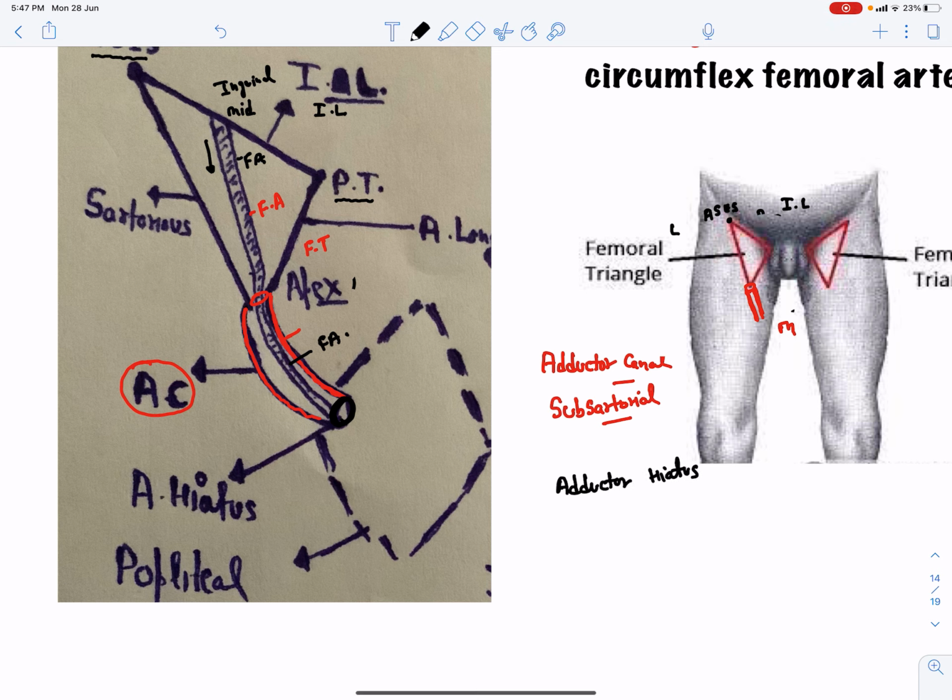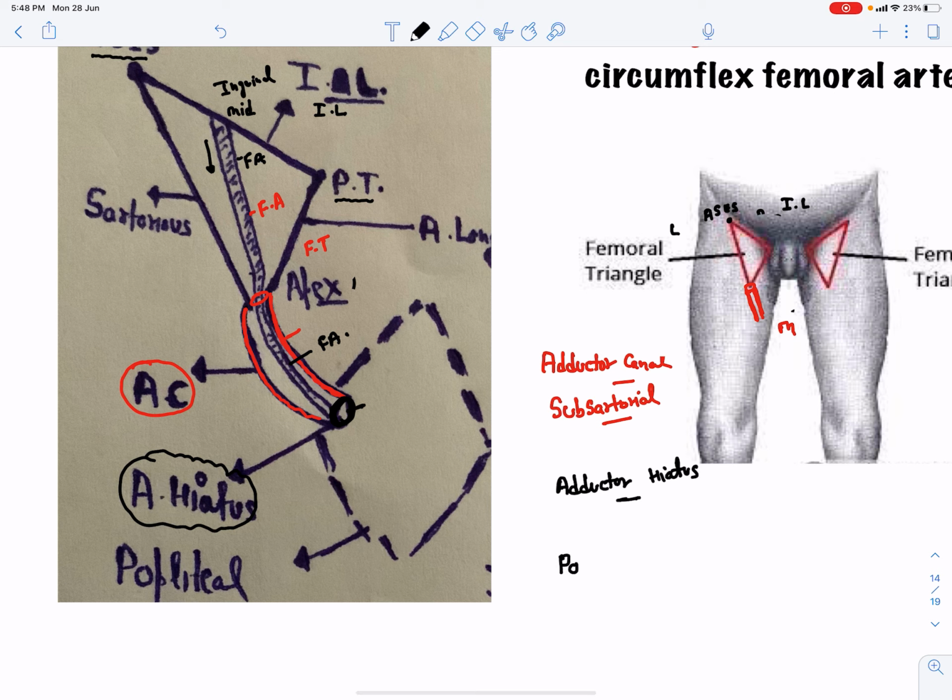So the femoral artery leaves the adductor canal through the adductor hiatus, and from the anterior side it enters the posterior side, entering posteriorly as the popliteal artery.